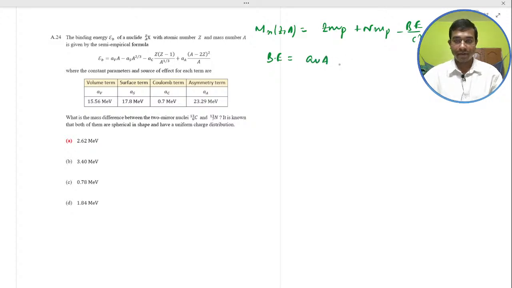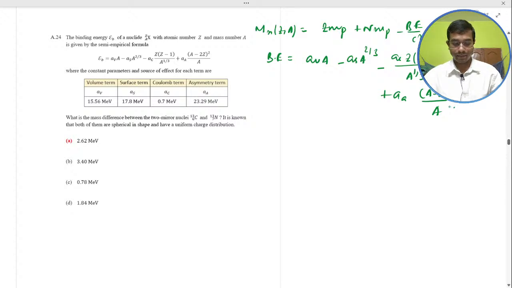This is given by the semi-empirical mass formula: a_v A minus a_s A to the 2/3 minus a_c Z squared over A to the 1/3, the Coulomb energy interaction term, plus a_sym (A minus 2Z) whole square by A.